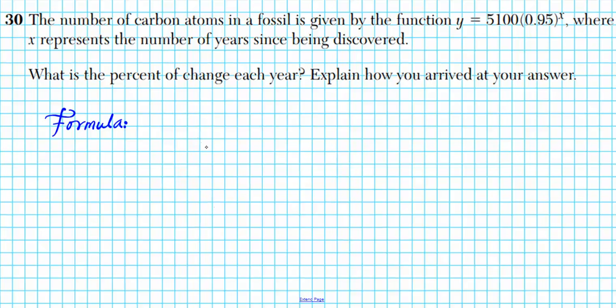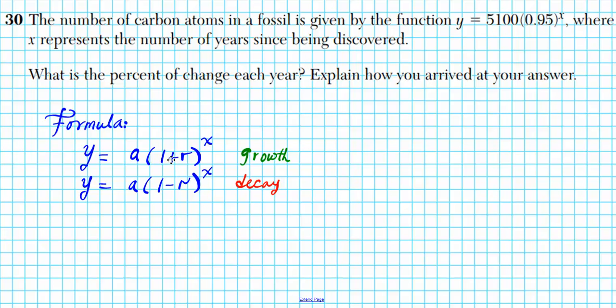Remember, we have two cases: y equals a times 1 plus r to the x, and y equals a times 1 minus r to the x. The one on top is growth, and the one on the bottom is decay. How do you know? Well, you look at the sign after the 1.